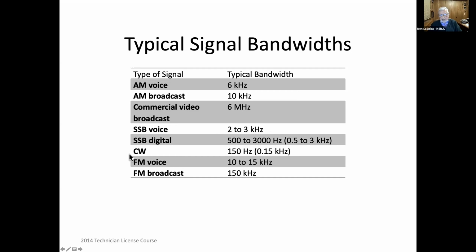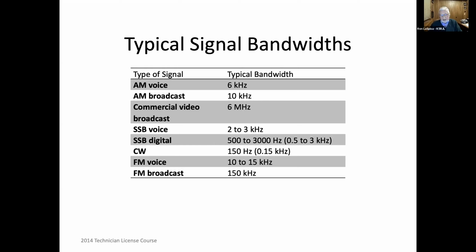Now here's one of the more striking parts of this particular list. Here we're at CW. Remember that means continuous wave, which is also the same as Morse code. There we are either transmitting the carrier or we're not transmitting the carrier. So the upper frequency and the lower frequency are extremely close together since there's only one frequency.